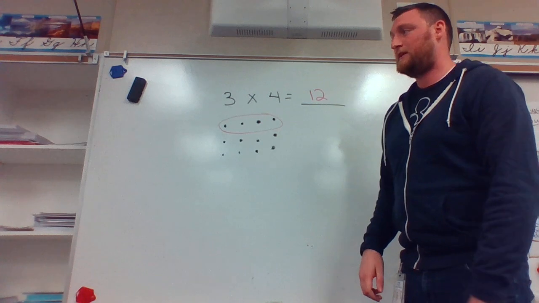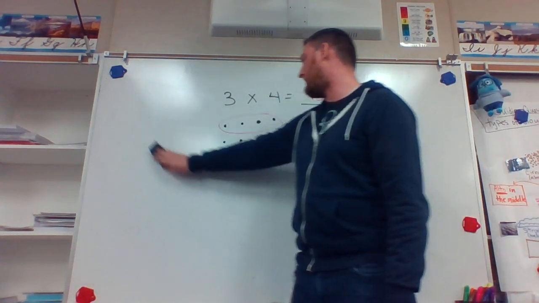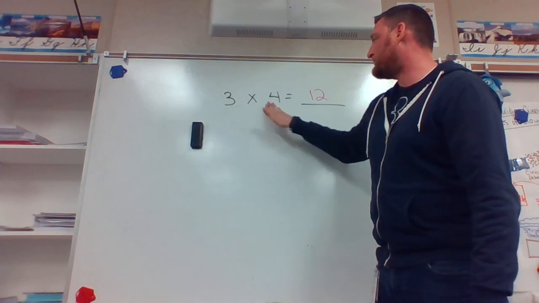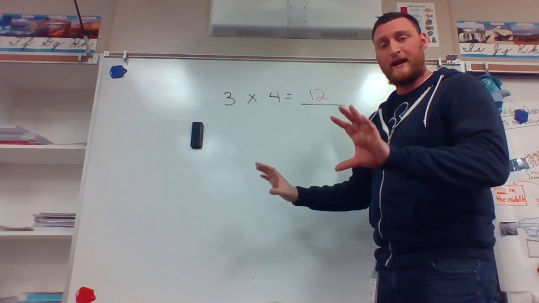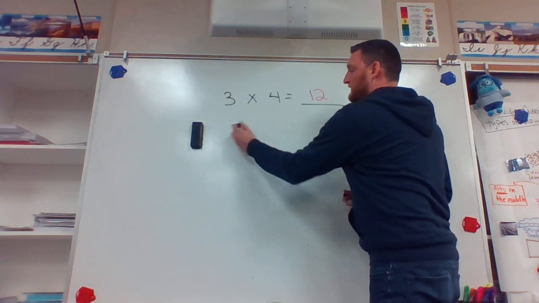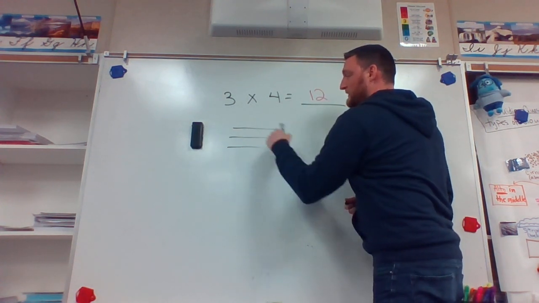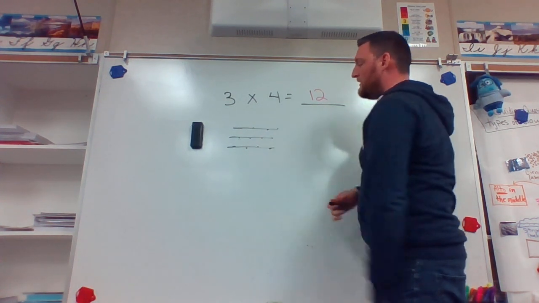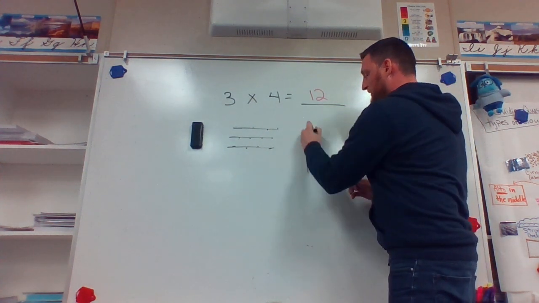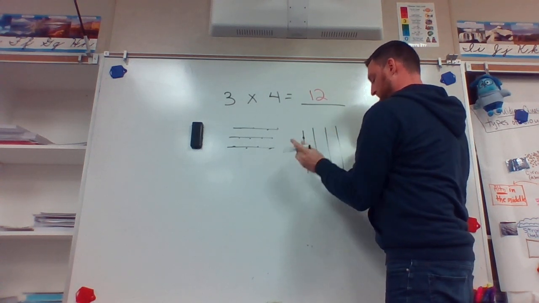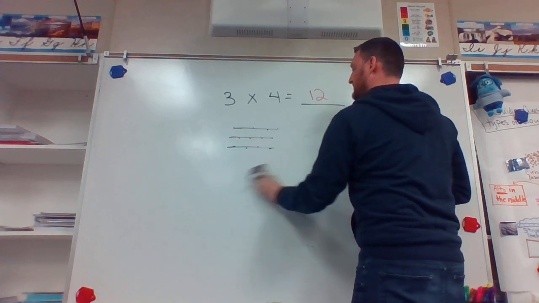The commutative property. We've been talking a lot about the commutative property, in that our factors can switch and our arrays can flip. And so I just had that array right there that was going like this, that had 3 rows of 4. It can also go this way, 1, 2, 3, 4, sorry, that was not right.